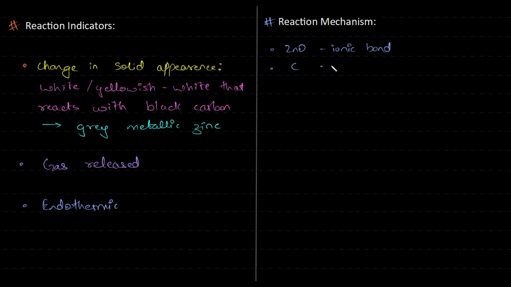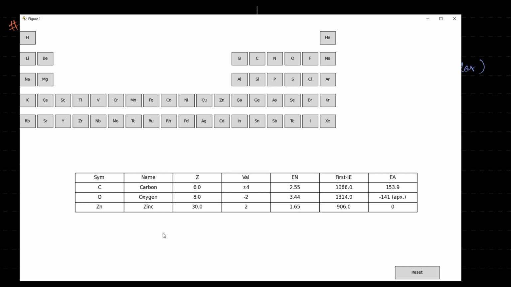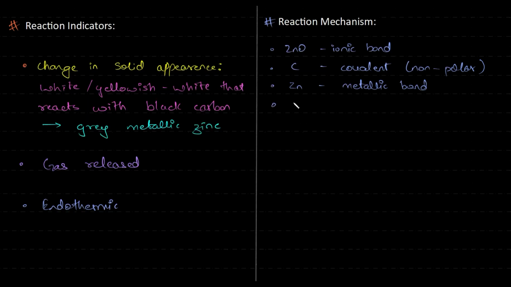And C is covalent bond, which is non-polar. And when Zn forms, that is metallic bond. And CO, let's look at CO. CO, with this indication, it is covalent bond, polar.